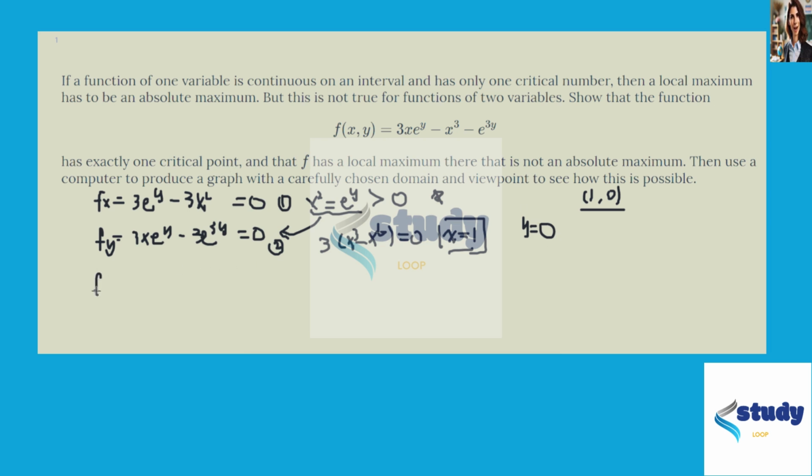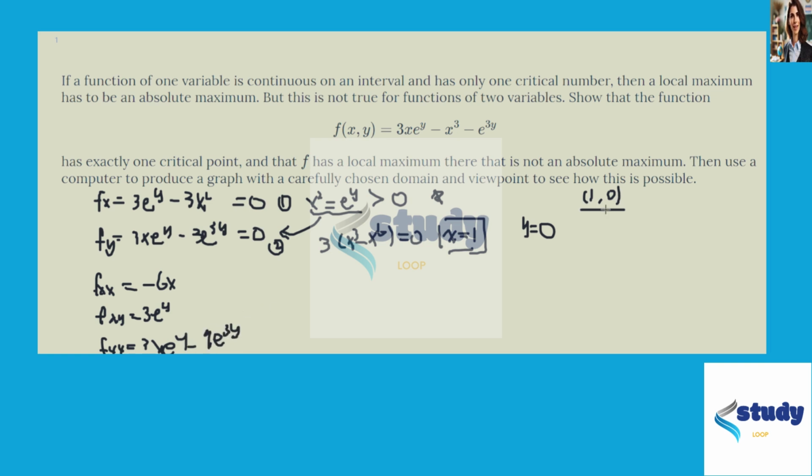Then the second partial derivatives: f_xx is equal to -6x, f_xy is equal to 3 e^y, and f_yy is equal to 3x e^y - 9 e^(3y).